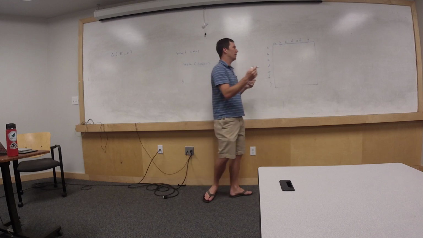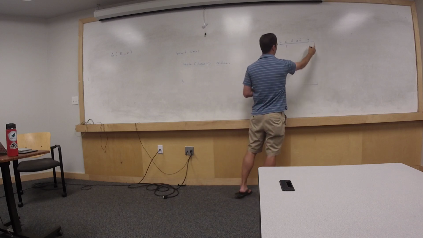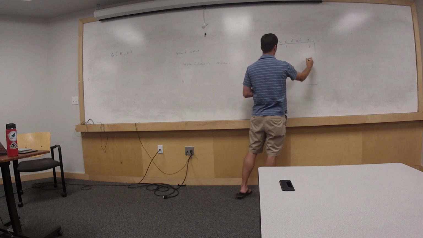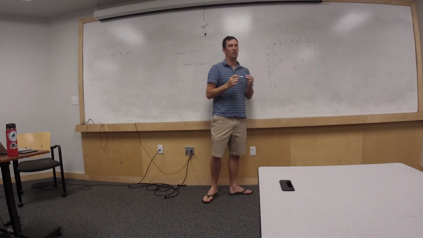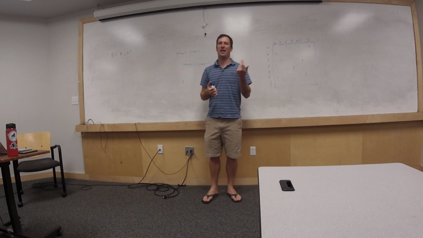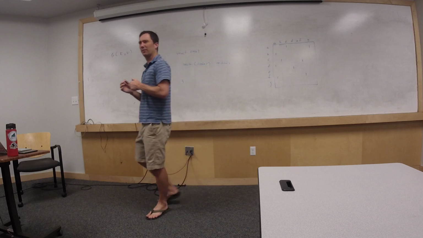So in the adjacency matrix, maybe it looks something like this, where each one of these 1s is an edge in the graph. Does this work better for directed or undirected graphs?